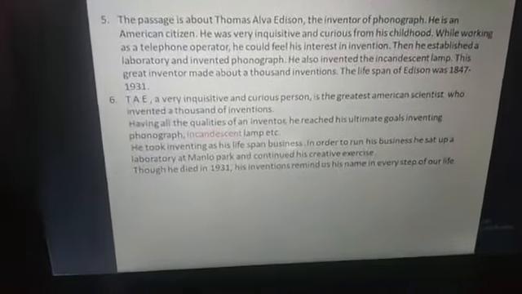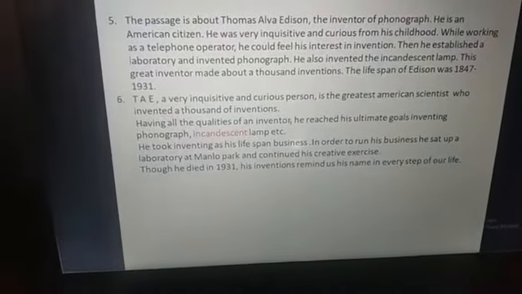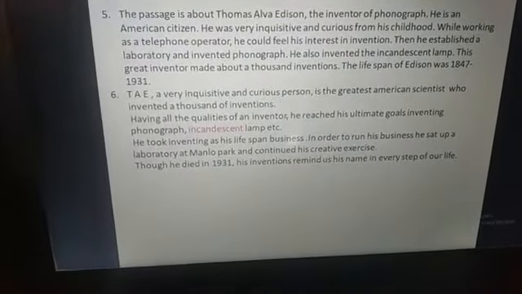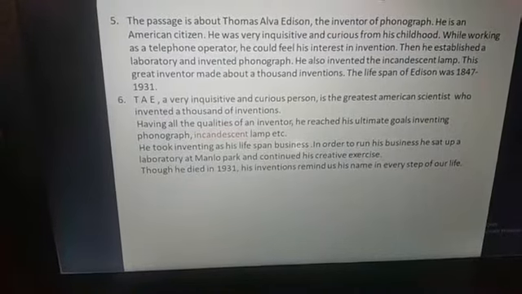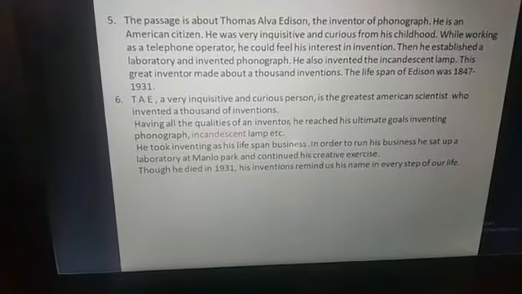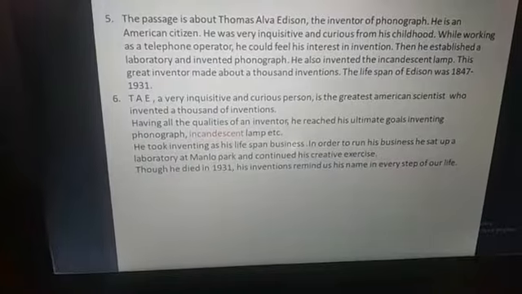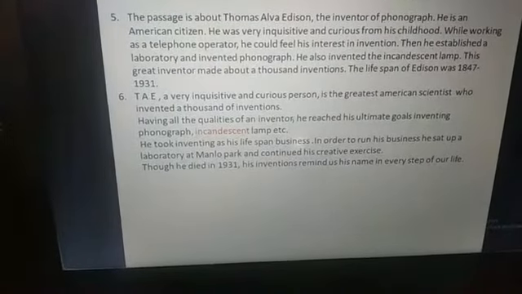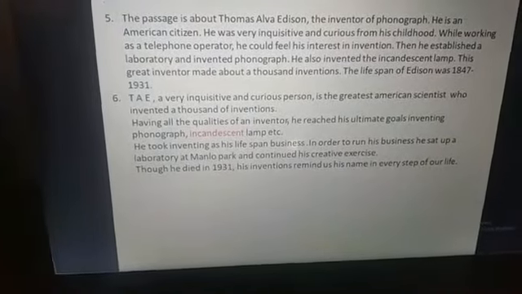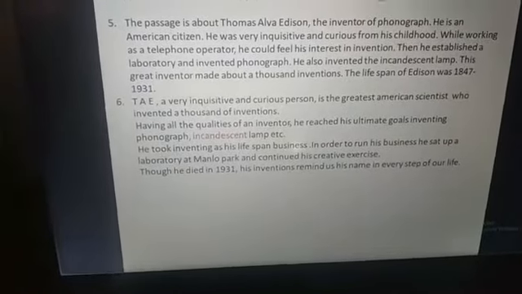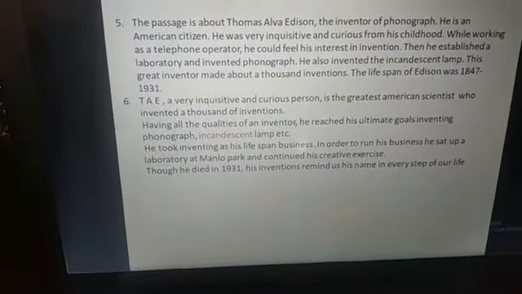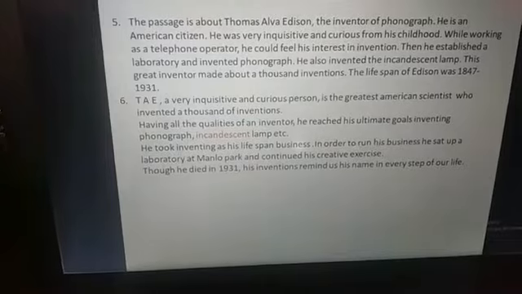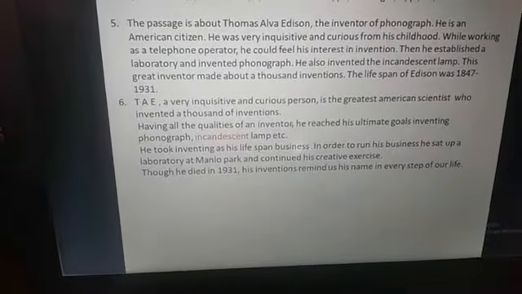Actually, why do we read this passage? In every step of life, we remember Thomas Alva Edison, and that is why he is a very unique person in the inventing society. So you have to write in such a way. That means you have to follow 6, not 5.